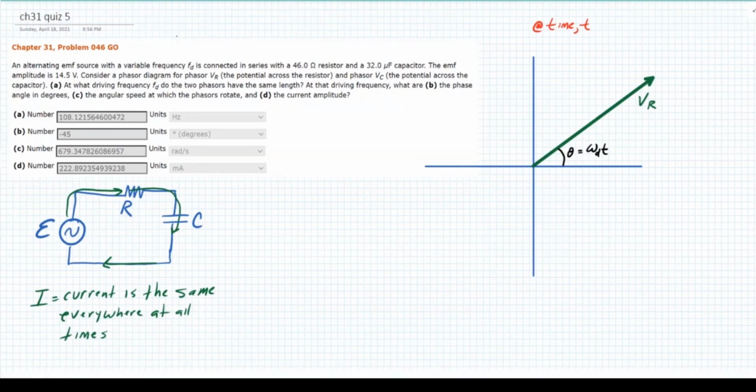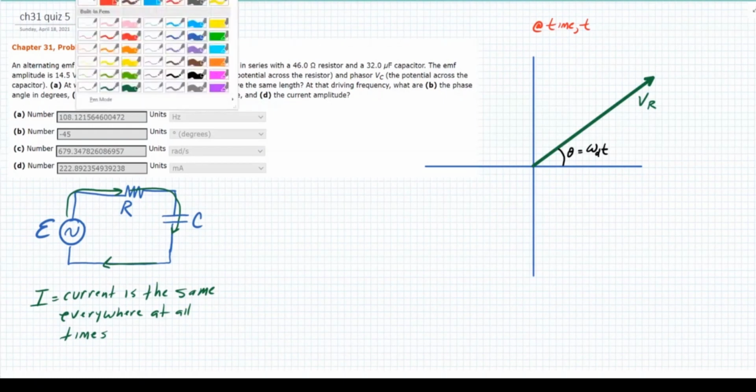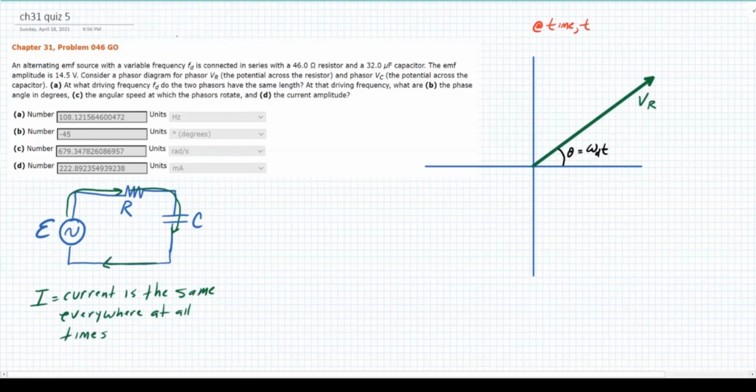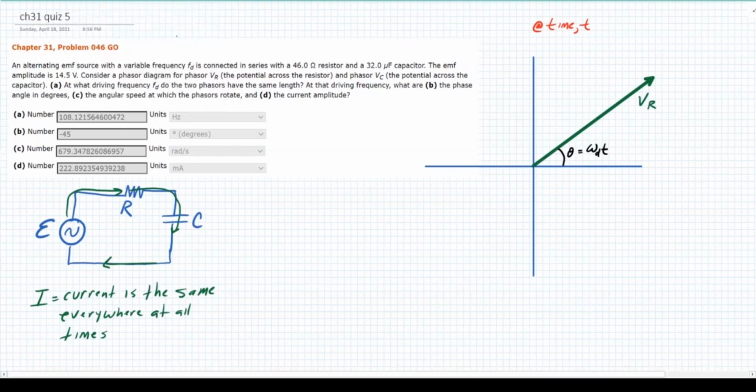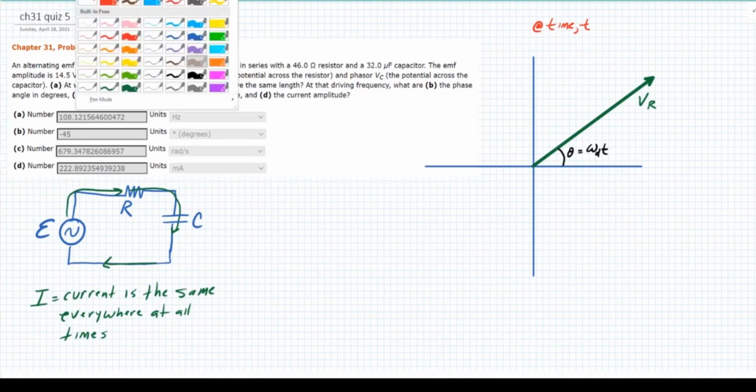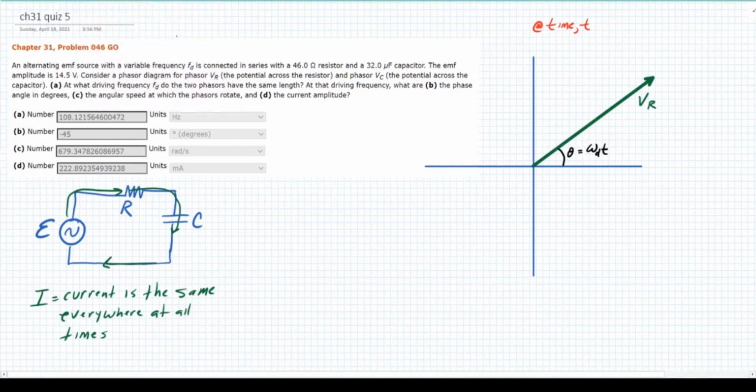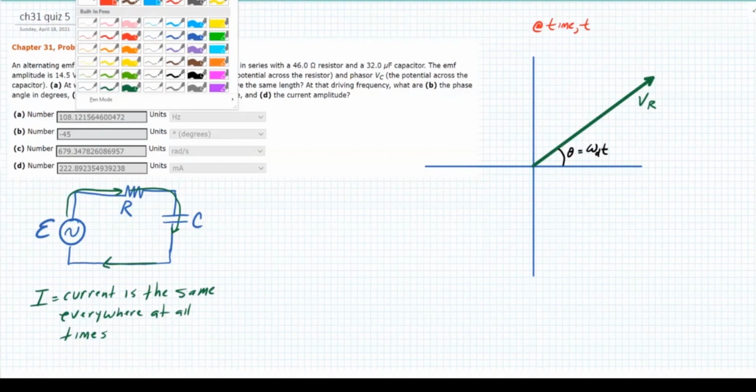If I had an inductor, which I don't, I'm just doing it for the sake of reinforcement. Eli the Iceman says the inductor voltage leads the current by 90 degrees.